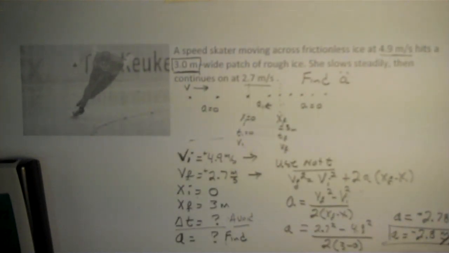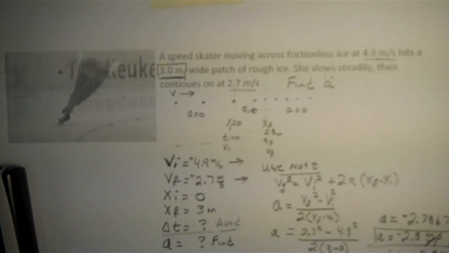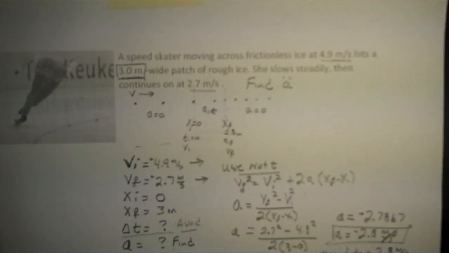Magnitude would be positive 2.8. Magnitude is always positive. So that's the magnitude. Which you can't see on the screen, it got cut off, but the magnitude would just be this answer without the negative.